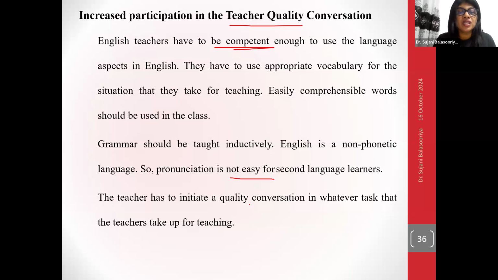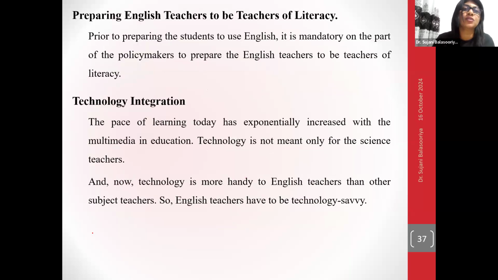So the teacher has to initiate a quality conversation in whatever task that the teachers take up for teaching. So these are the requirements expected from the teachers nowadays, right? Preparing English teachers to be teachers of literacy, right?